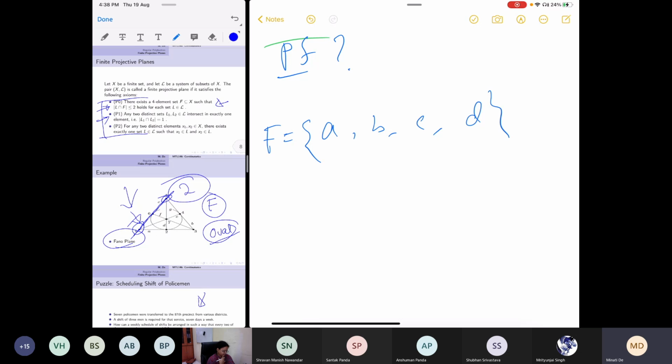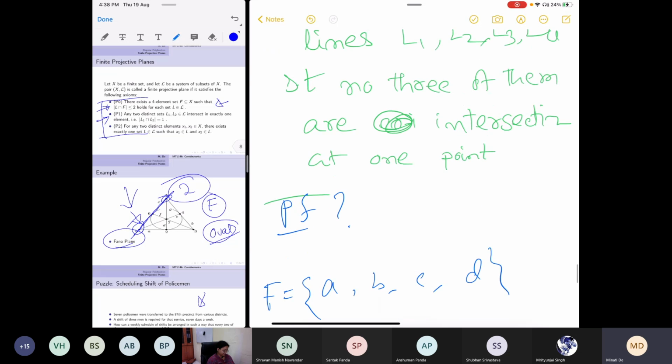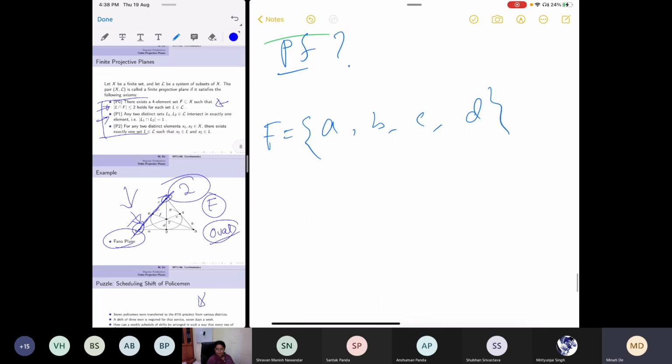Now you need to construct 4 lines out of these points such that they satisfy this property. Now the question is, how will you construct those lines?